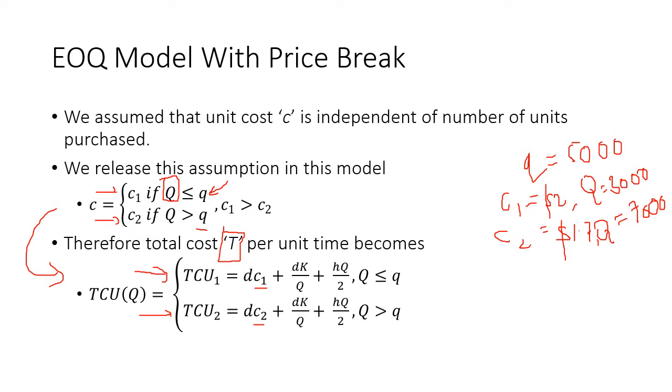So deciding the order quantity in this particular model is slightly tricky as compared to what we encountered in the previous two models. In the next video we will try to gain an intuition into the mathematical expression that I have mentioned here on this slide. So see you in the next video.